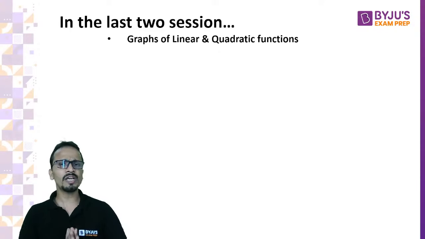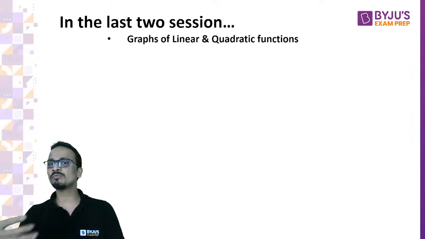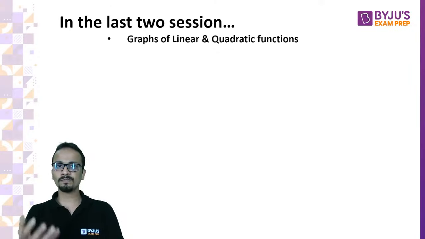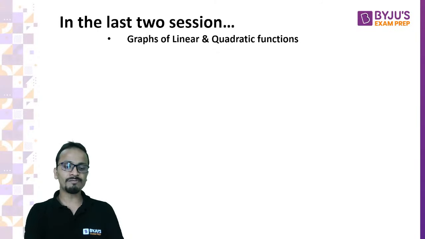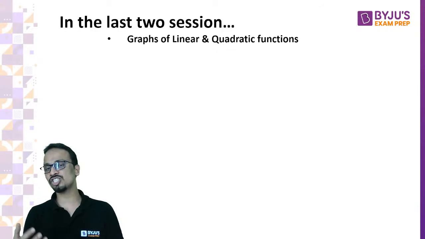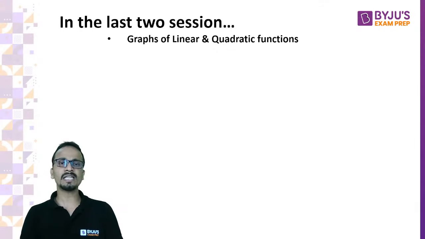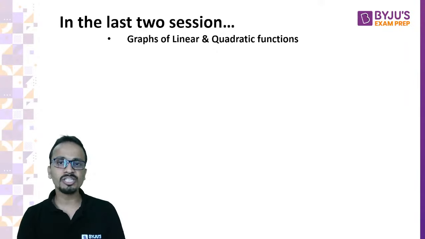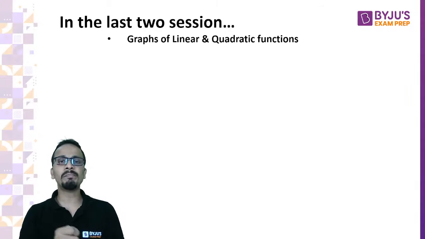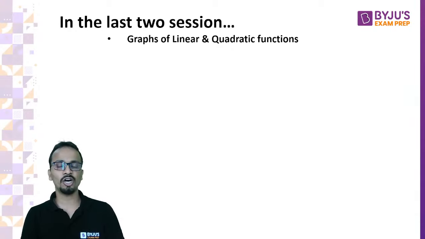In the last sessions, we have also discussed different forms of these parabolas. If we have a quadratic function in x, then the graph will be a parabolic curve and the axis of symmetry of this parabola will be parallel to the y-axis. That means the graph will either be an upward opening parabola or a downward opening parabola.